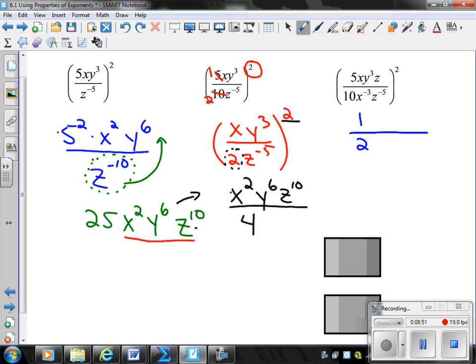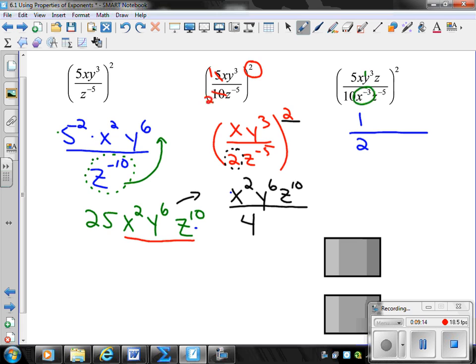And now I'm going to move on to my x's. I have an x to the first up top. I have an x to the -3 down below. So the first thing I'm going to do is move the smaller exponent, which is the -3, to the larger exponent. So I'm going to move the x to the -3 up top. When I cross the line, I'm going to change the sign.